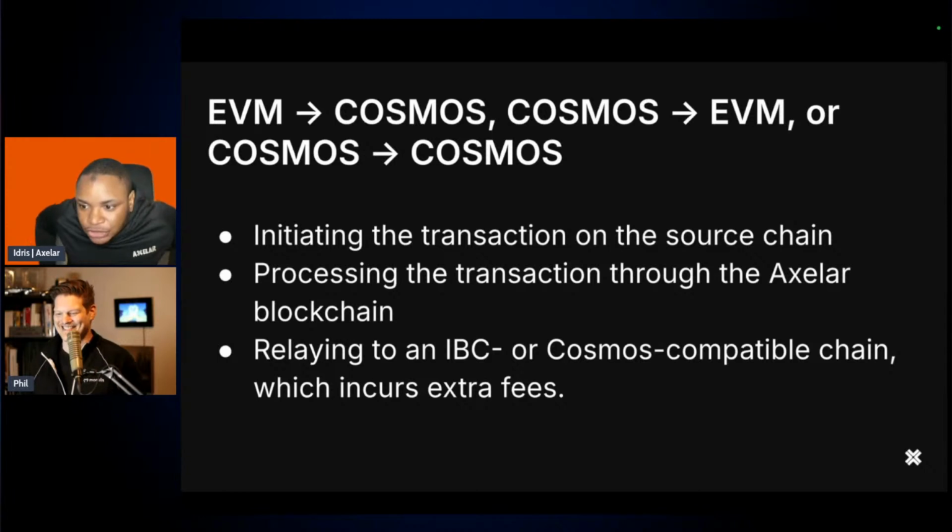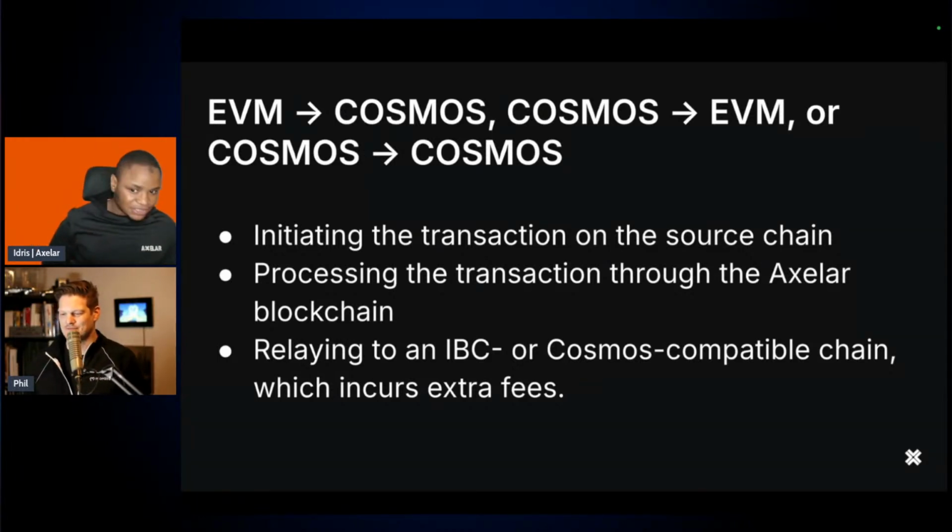And finally, relating to an IBC or Cosmos compatible chain, which incurs extra fees on its own, is also another gas pricing consideration we factor in before we give you the estimate you need for the transaction to go through.